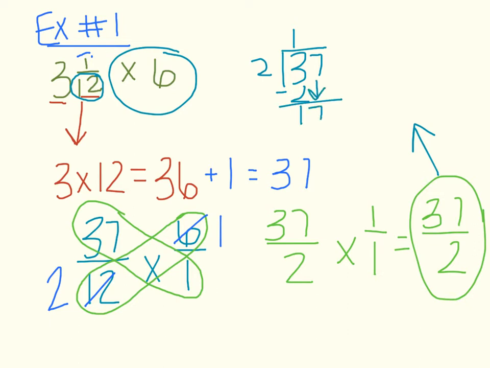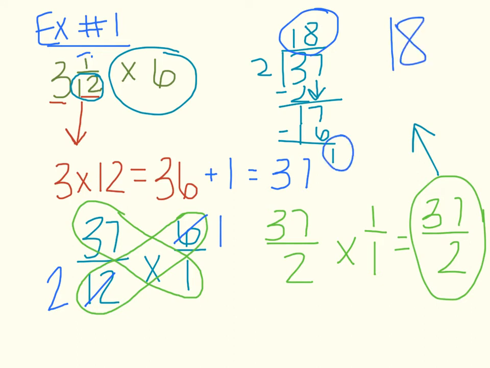Bring down that 7. 2 goes into 17 8 times with 1 left over. And now I can write my mixed number. I have 18 and 1/2 as my answer.